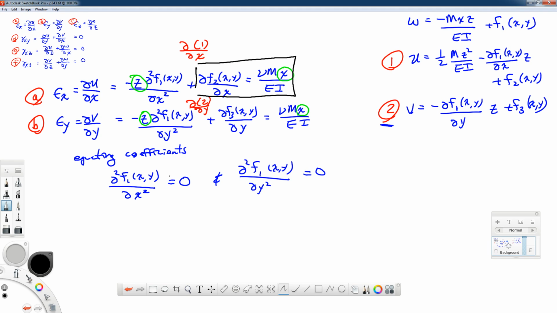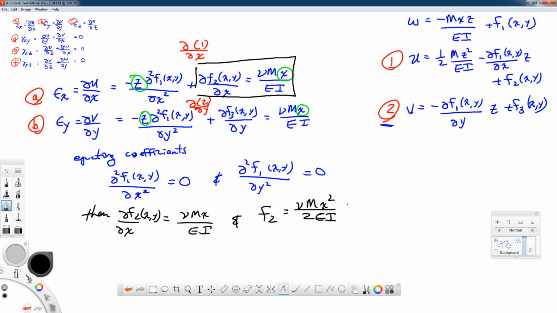And so we can integrate that equation with respect to x. So if we integrate that with respect to x, we're going to get a new mx squared over 2EI.